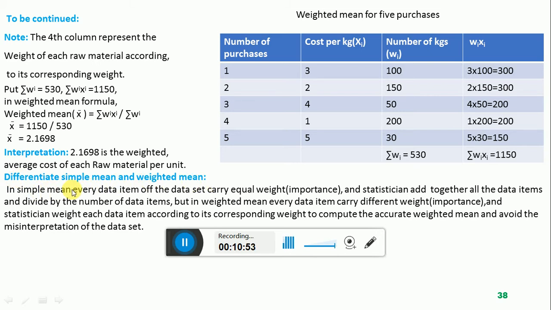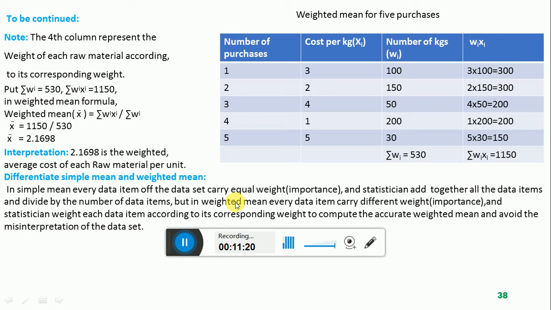In a simple mean, every data item of the data set carries equal weight or equal importance. There is no need to calculate the weight of the data items; the statistician adds together all the data items, divides by the number of data items, and computes the simple mean.